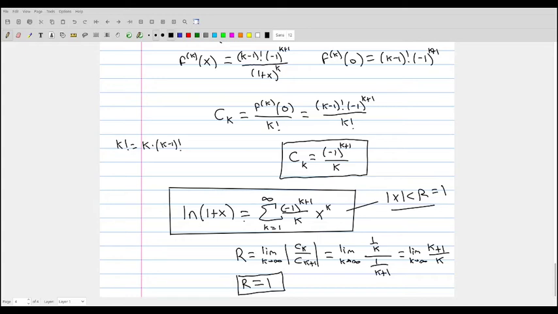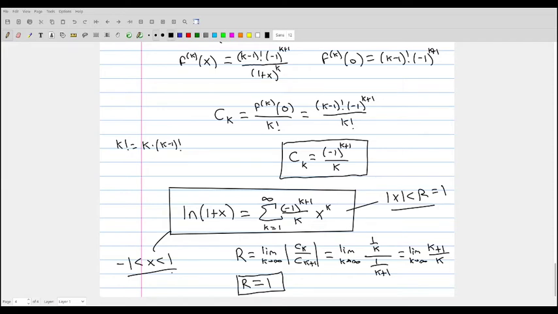So this equality is only valid when the absolute value of x is strictly less than 1, in other words, when x is between negative 1 and positive 1. This series is absolutely convergent when x is in this range.